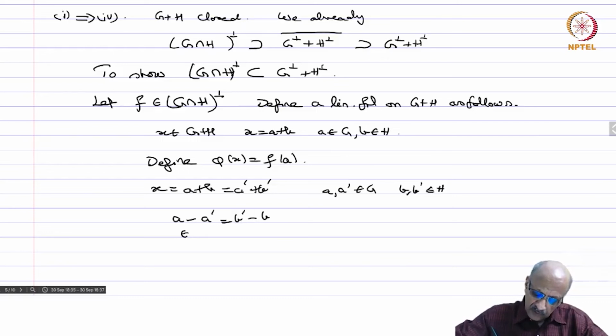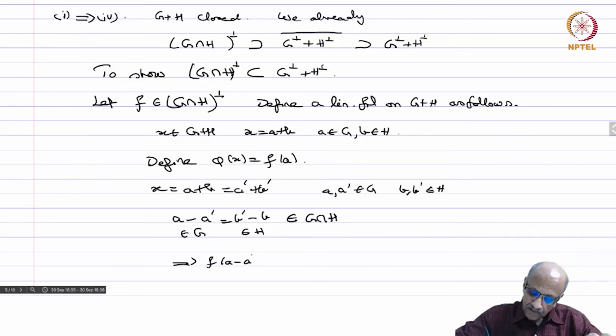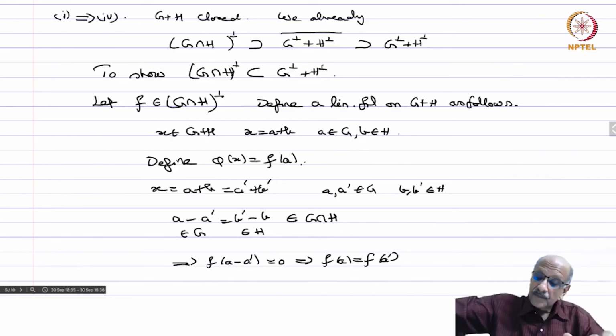So this belongs to G, this belongs to H, and so this belongs to G intersection H. But f belongs to G intersection H perp, and therefore f of a minus a dash equals 0, which implies that f of a equals f of a dash. So whatever decomposition you take, phi of x equals f of a, the answer will always be the same. So therefore this is a well defined linear functional.